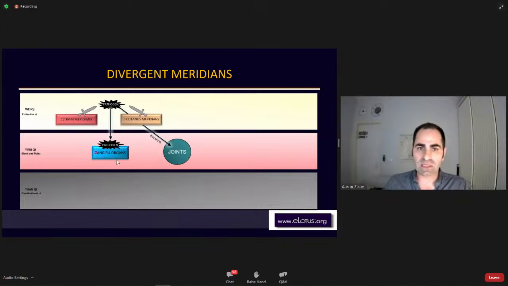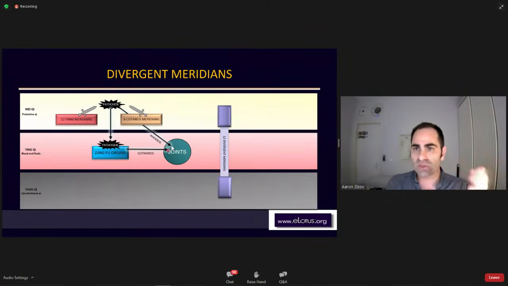This is what we want to avoid. We don't want the pathogen to stay in the Zangfu organs. Therefore, we open the divergent meridians, and with this action we basically take the pathogen out to the joints.